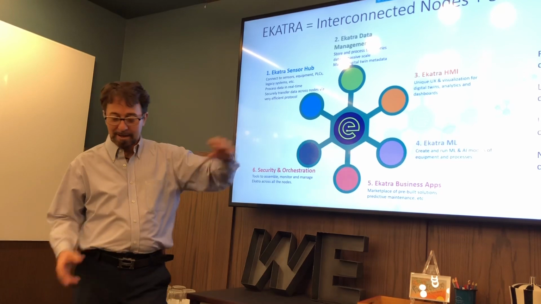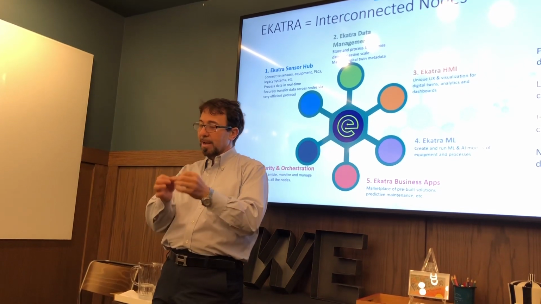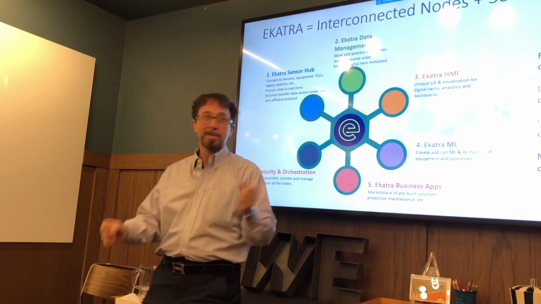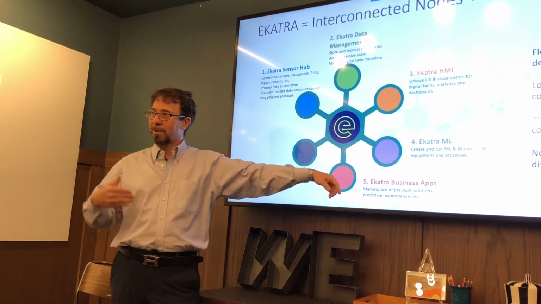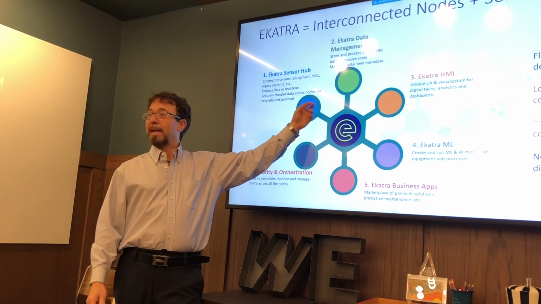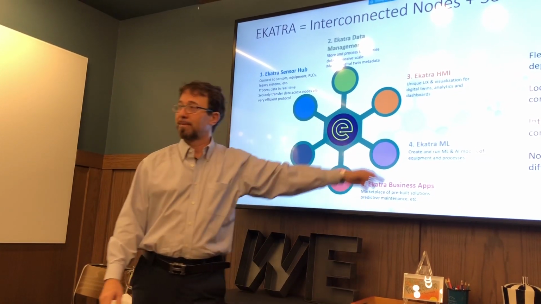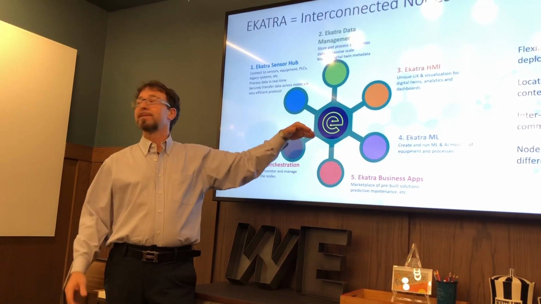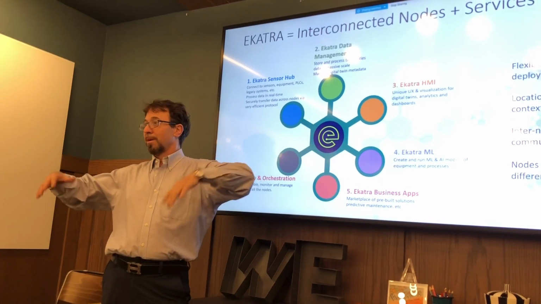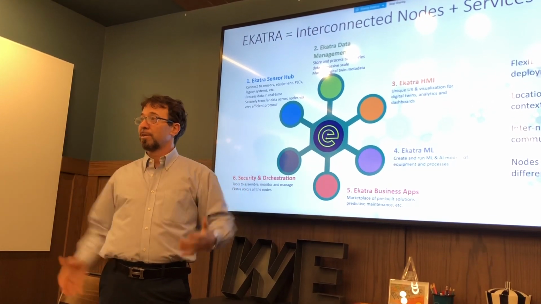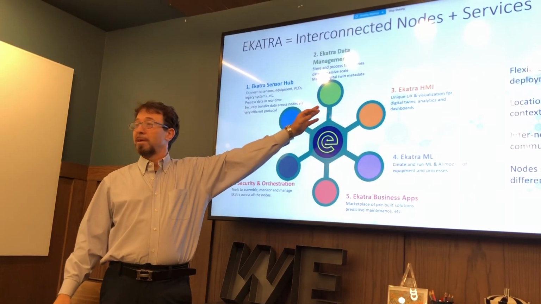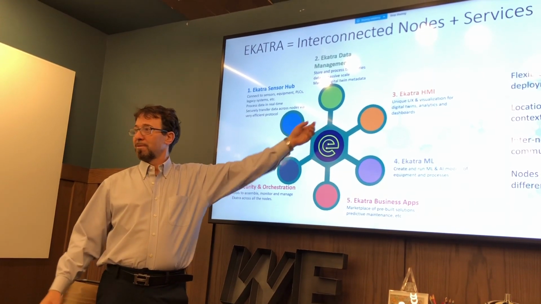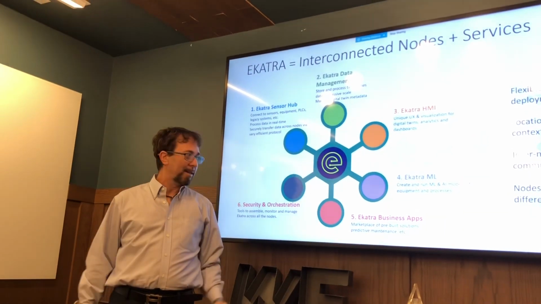For example, EKATRA is built on edge computing, so every node has all the services, and you decide this node that is close to the sensors is 80% this and 5% the rest. Or you can have another node that is just a big database with a big storage area network, and therefore is 80% storage and 1% sensors, because in reality you're managing data.